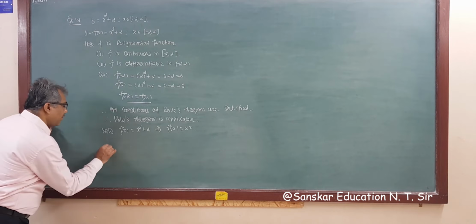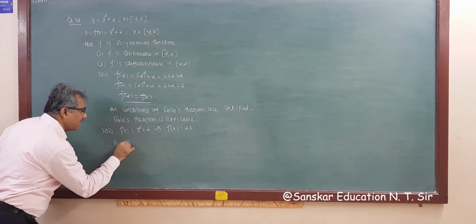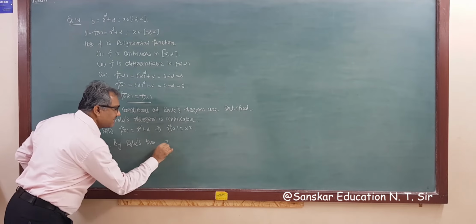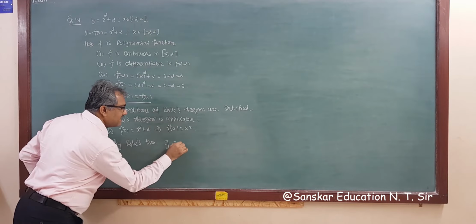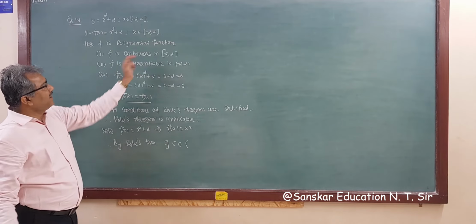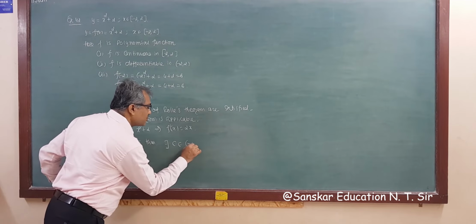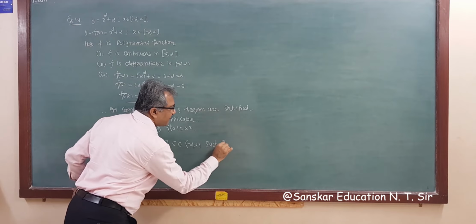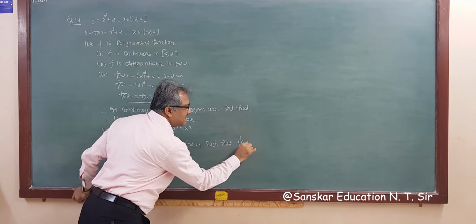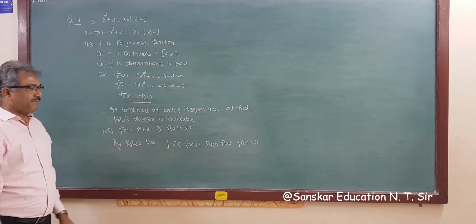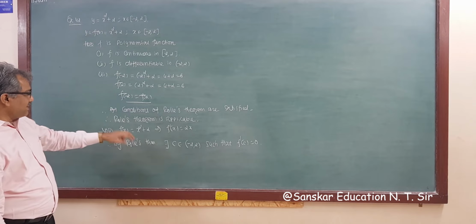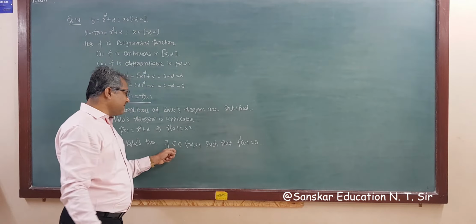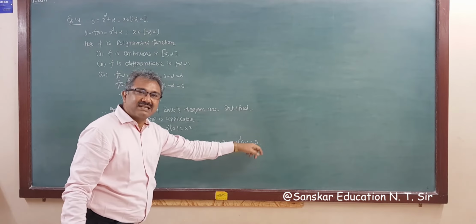So therefore, by Rolle's theorem, there exists c belongs to the open interval minus 2 comma 2 such that f dash c is equal to 0. Now f dash c means you have to substitute c here. If you want to write x, then you write there exists x belongs to minus 2 comma 2 such that f dash x is equal to 0.